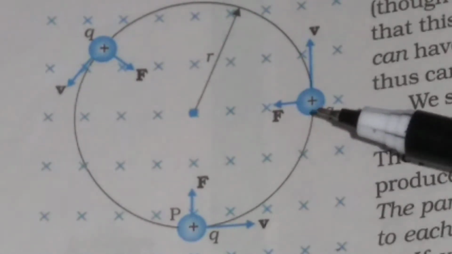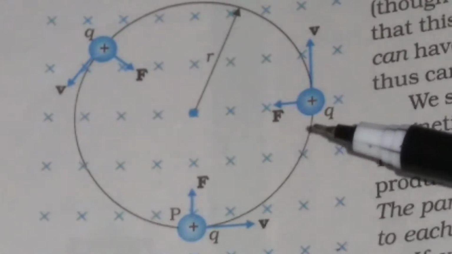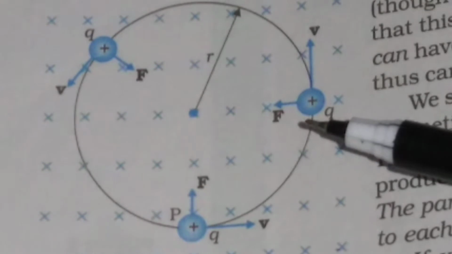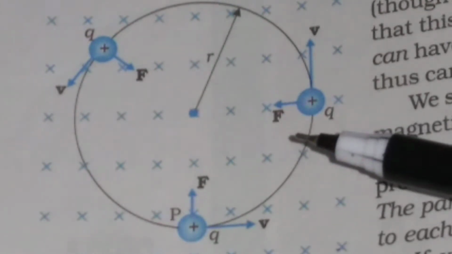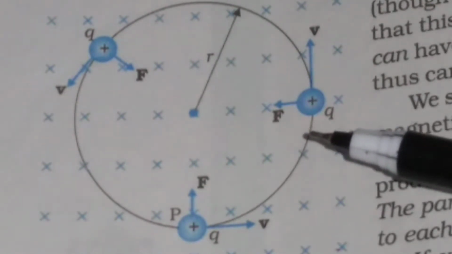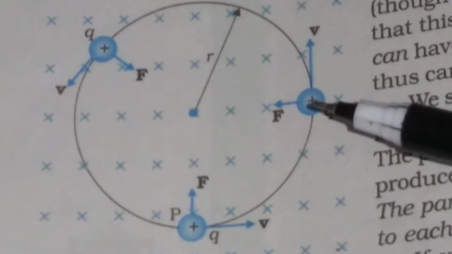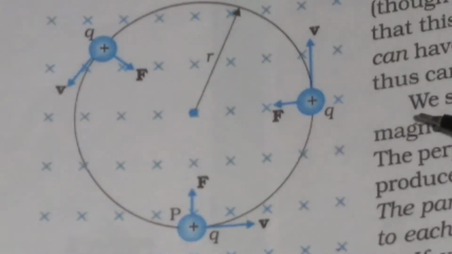You remember, cross means away, whether it is horizontal or vertical, and dot means towards. When you give a cross symbol, it is away from you. That means it is along the positive direction of the x-axis.